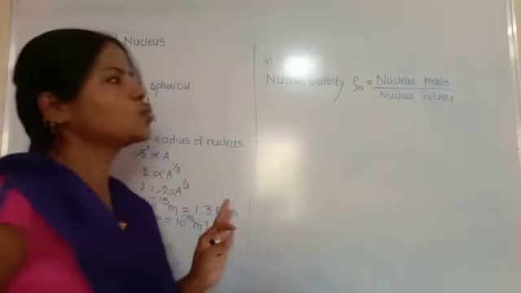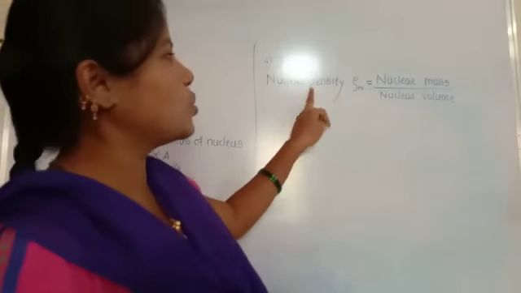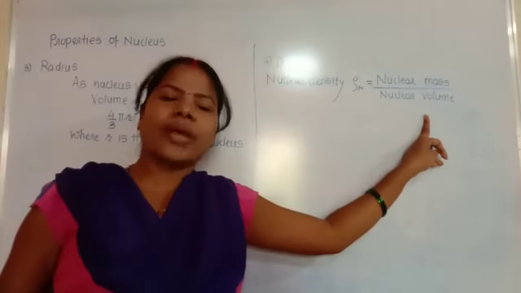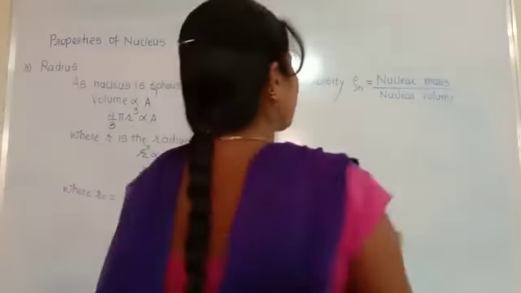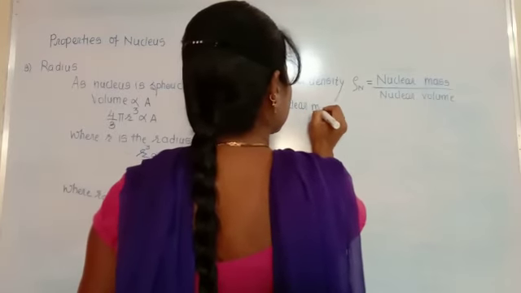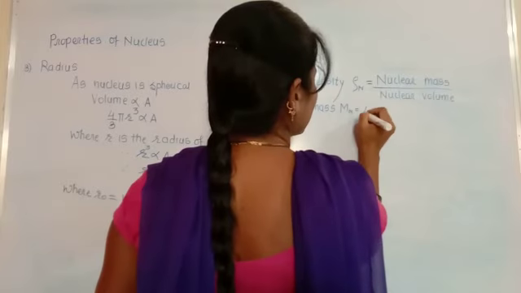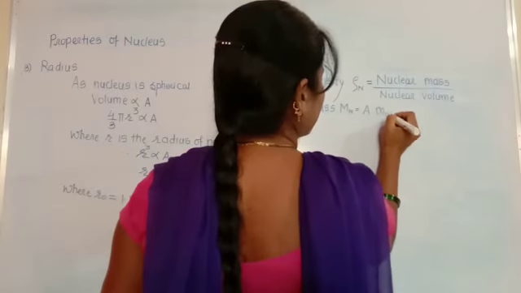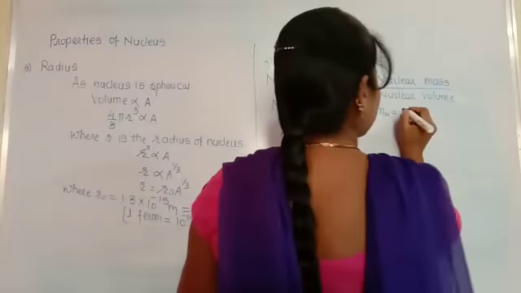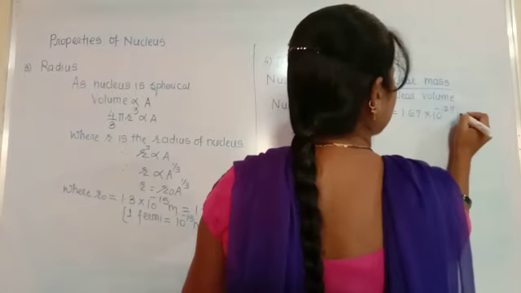Density is equal to mass upon volume. So here we are calculating nuclear density. Therefore, here the nuclear mass and nuclear volume, we know the value of both. So nuclear mass, capital Mn, is equal to A into small mn, which is 1.67 into 10 to the power minus 27 kg.